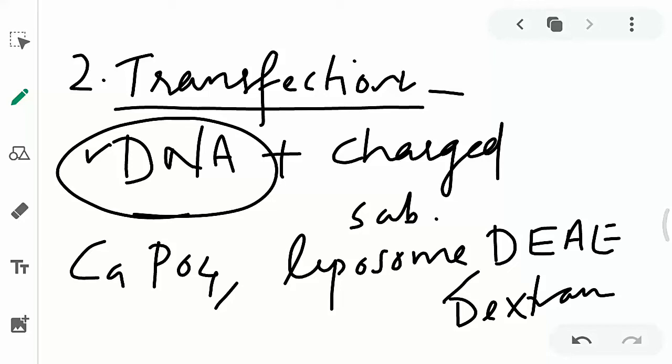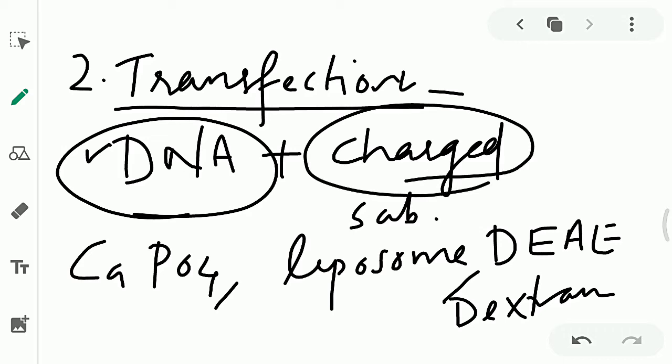But if you use another host like a plant cell or animal cell, into which you are giving naked DNA along with some charged substances, and that cell takes it up, this method is known as transfection. Whereas if you do the experiment with E. coli, if E. coli is taking DNA from the environment, then it is termed as transformation. So see the difference between transfection and transformation.